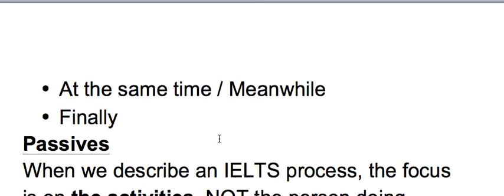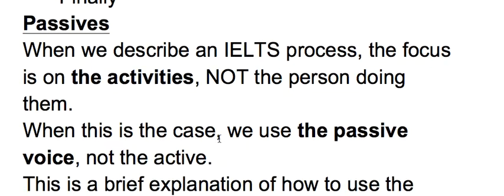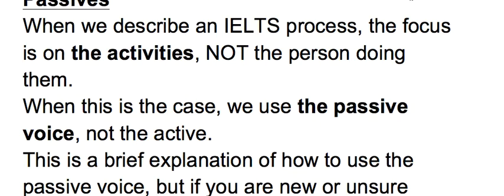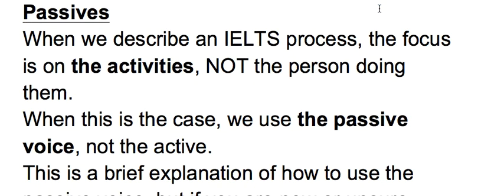And the second vocabulary to be learned for the process graph is the language of the passive voice. So, where do we use the passive voice? Basically, we use the passive voice where the work being done is more important than the person doing the work.